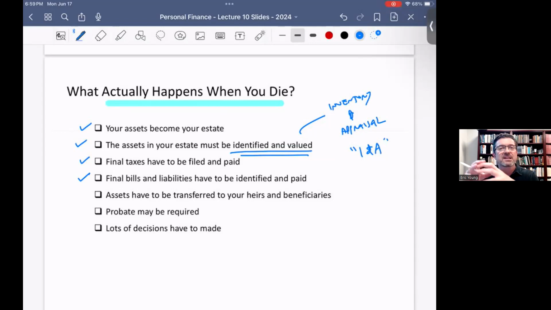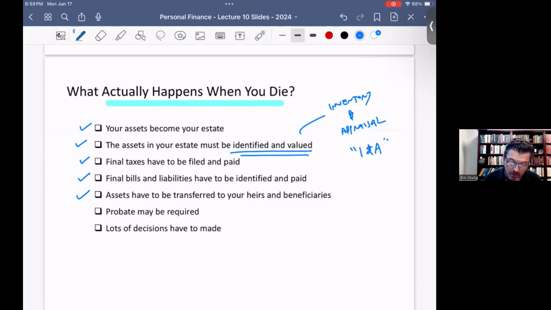Once your assets have been identified, and then those assets have been used to pay your final taxes and your final bills and liabilities, any remaining assets, that's really what we think about when we think about the transfer of assets. So we have all the stuff that you have when you die, that has to be reduced by the amount required to pay for your taxes and your final bills and liabilities.